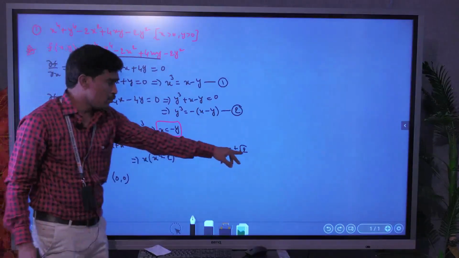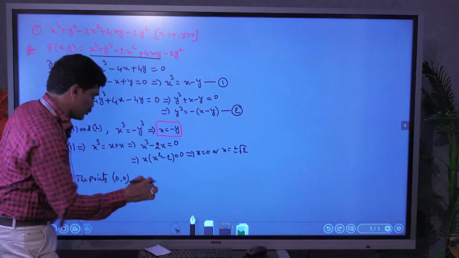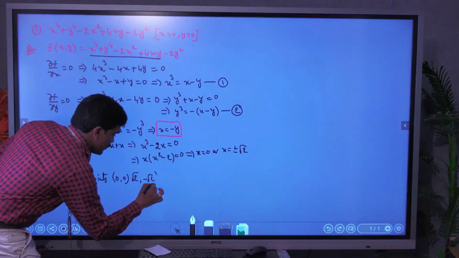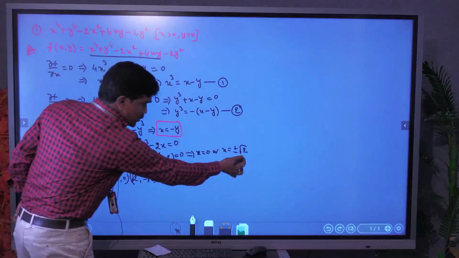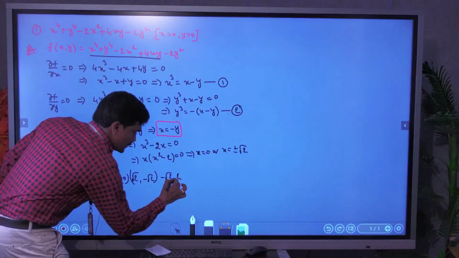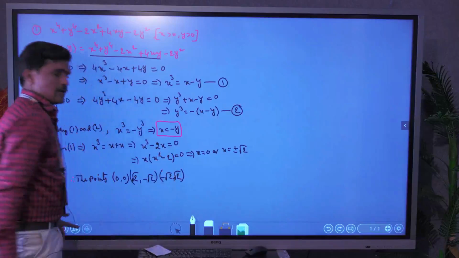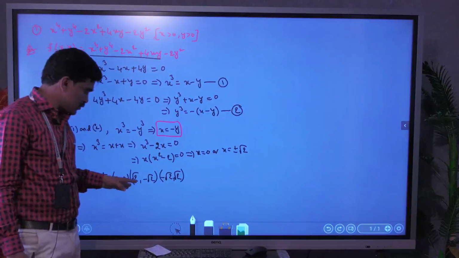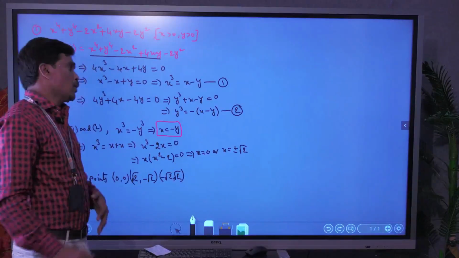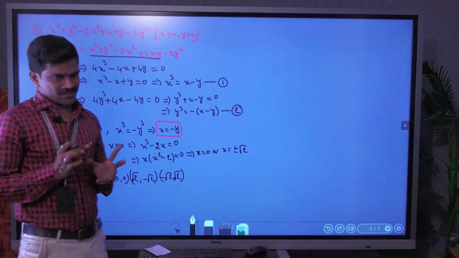Next, if x is equal to root 2, y is minus root 2, so the point is root 2 comma minus root 2. Next, if x is equal to minus root 2, y is plus root 2. So these are the points. We get the pairs 0 comma 0, root 2 comma minus root 2, and minus root 2 comma root 2. This is the first step.